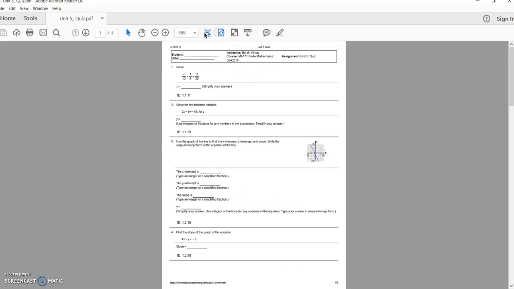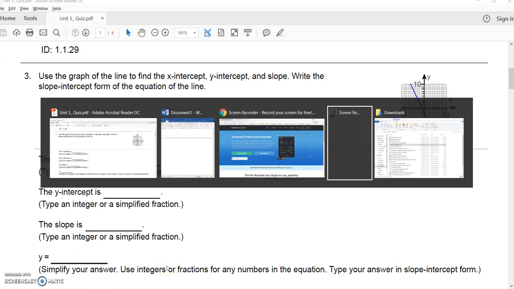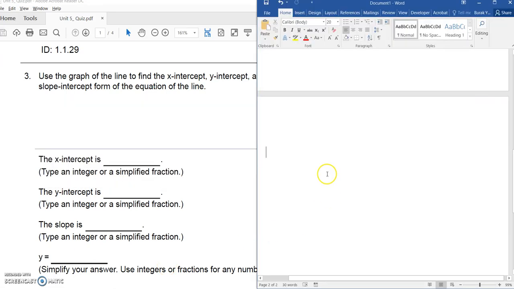So the slope: x-intercept was negative 1, y-intercept was negative 2, slope is negative 2, and remember the slope-intercept form was y equals mx plus b.